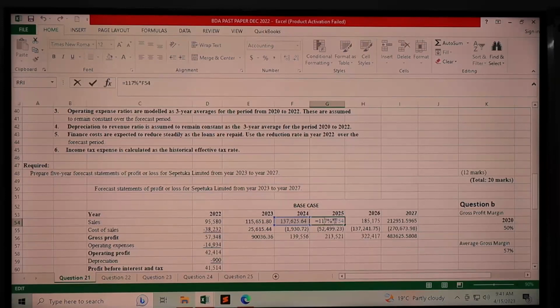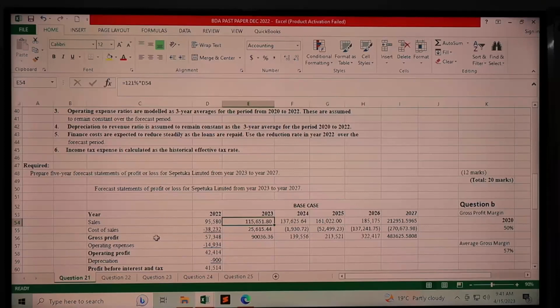So now 17% of this. And this one will give you 15% if you less 2 from 17. And now since it has reached 15% in 2026, it will not reduce again. You now proceed with 15% for 2027, and you get that amount. Yes, so that is the sales for the first computation.